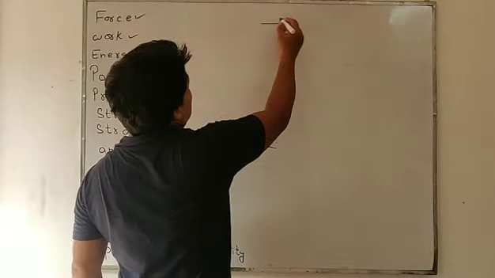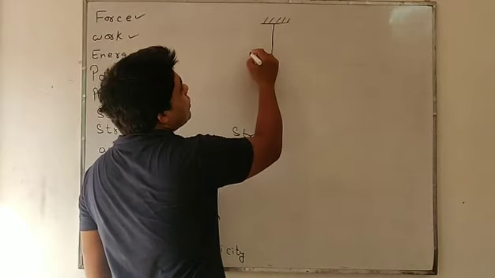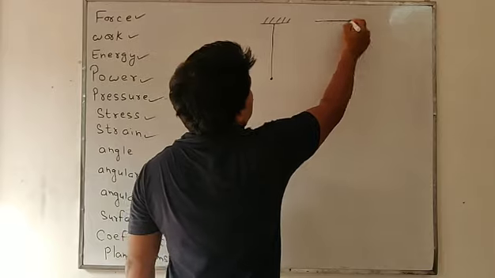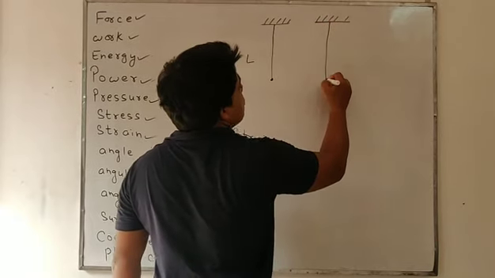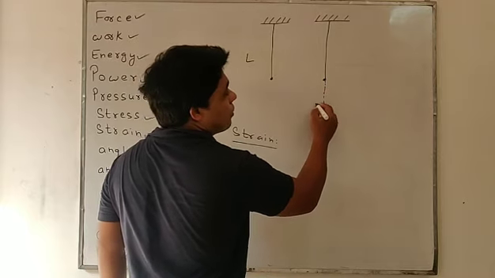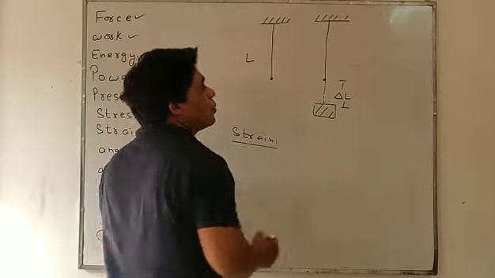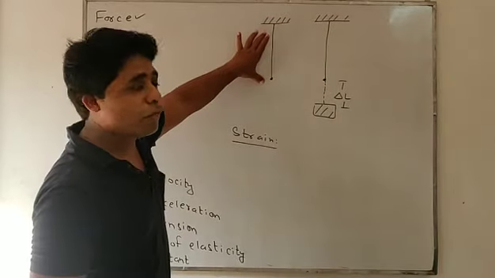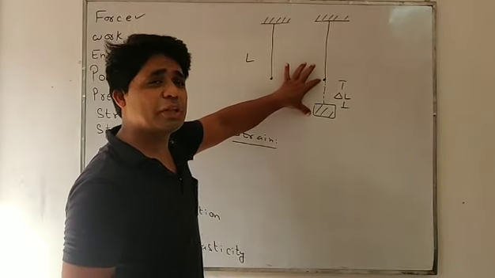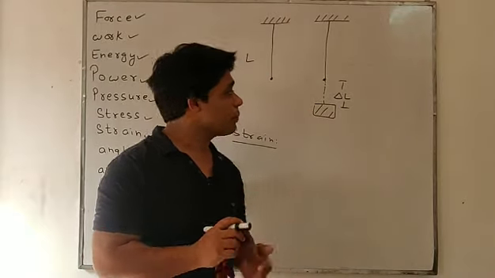Suppose we are given a wire, an elastic wire, and its original length is L. When we attach some weight to it, it will be stretched by the length delta L. That is the original length of the wire, and that is the change in length of the wire on applying weight. It will be stretched.